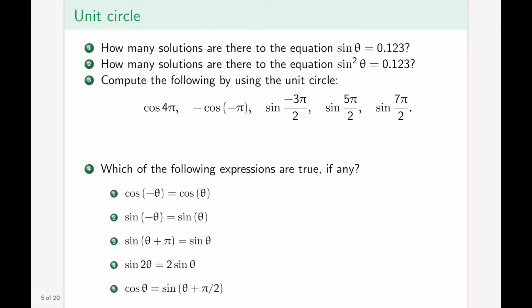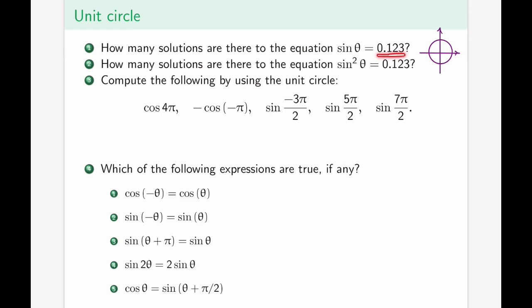This can be further extended into a number of different applications. For example, how many solutions are there to an equation sine of theta is equal to some value, or sine squared of theta is equal to some value? Once again, if we draw a really quick sketch of our unit circle, we should be able to answer this question fairly quickly and easily.